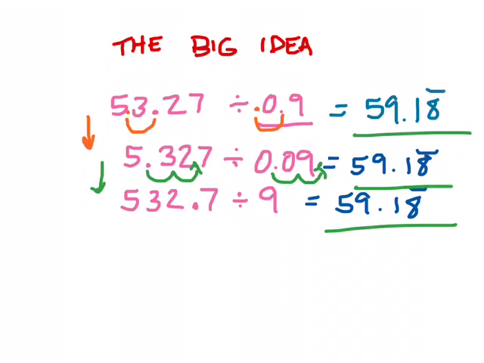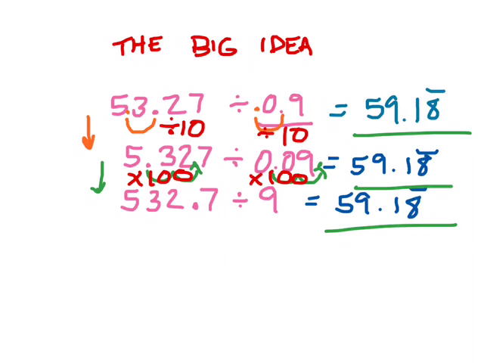And the reason this works is because it's basically like multiplying or dividing the number by the same power of 10. So for example, the first one was like we divided both of them by 10 before we got to the second. And from the second to the third, it's like we multiplied them both by 100.